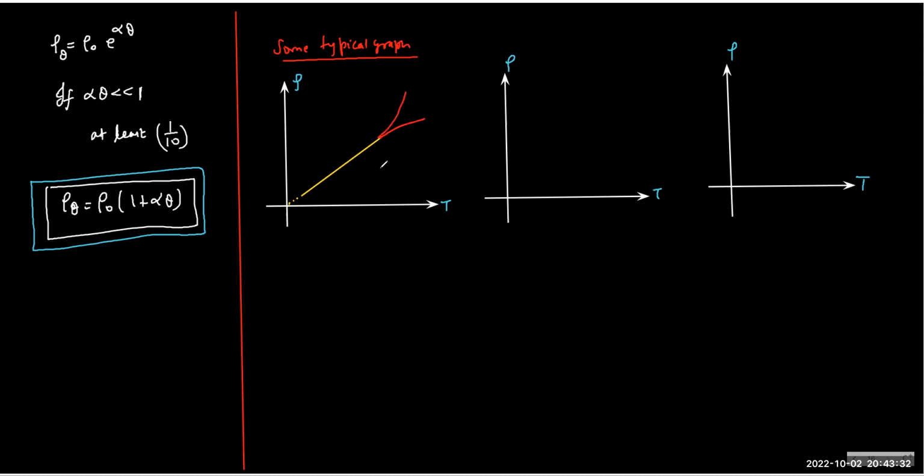You can see the graph is pretty much a straight line, and then after some temperature it starts deviating. A conductor whose resistivity varies linearly in proportion to temperature, if the variation is linear, we call it an ohmic conductor.